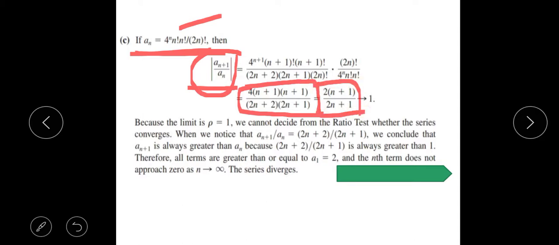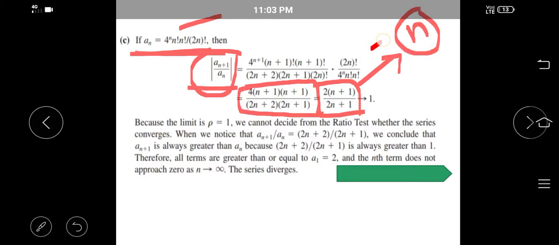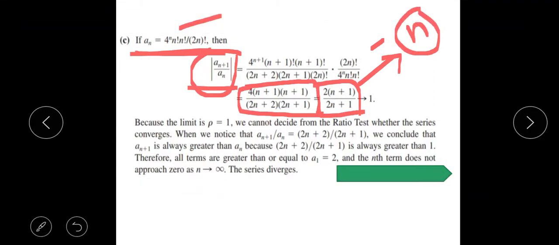Now if you divide this by n, you will get 2 plus 1 by n upon 2 plus 1 by n. Sorry, 2 multiplied by 1 plus 1 by n upon 2 plus 1 by n.